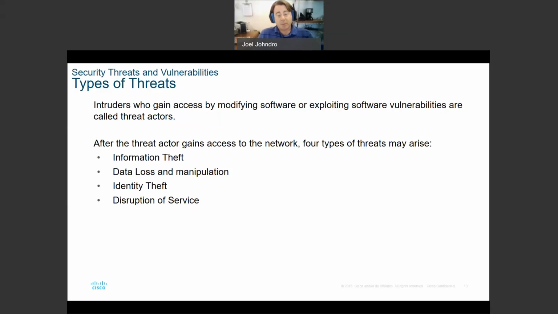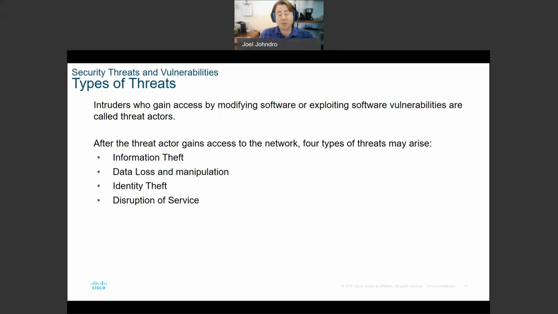Data loss and manipulation, that's similar to information theft really, but it's done for the purpose of destroying the information. A lot of times that's done using a virus or some other program that will actually wipe a hard drive clean, for instance. Sometimes it can be done for the purpose of changing information rather than actually destroying it.